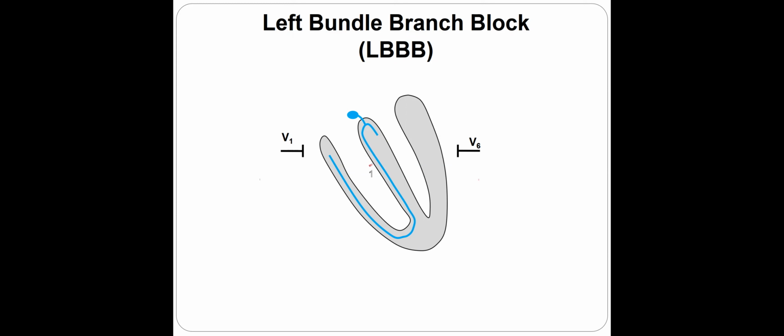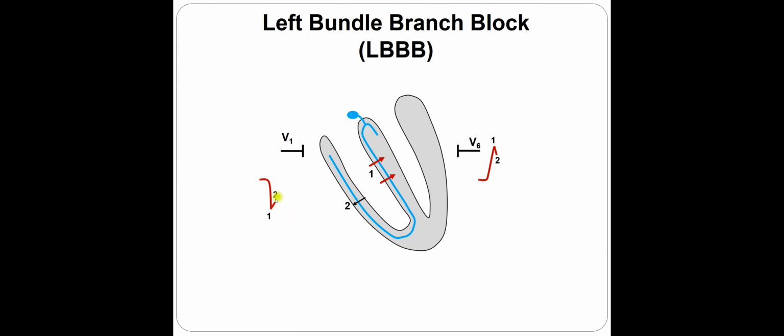This is why at the first moment we have a negative wave in V1 and a positive one starting in V6. For sure, the septum is part of the left ventricle, so this is the starting point. Sometimes you can see the right ventricle activation, but sometimes you don't.